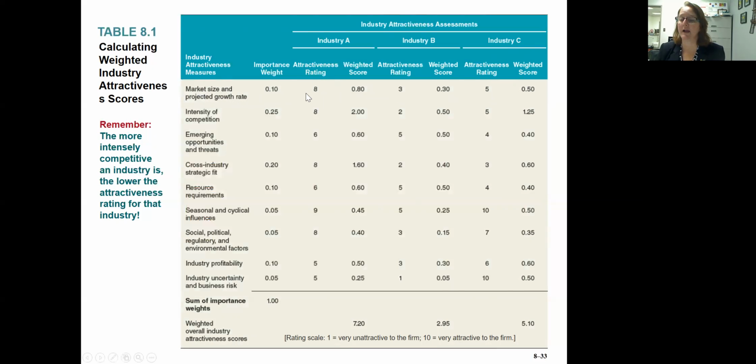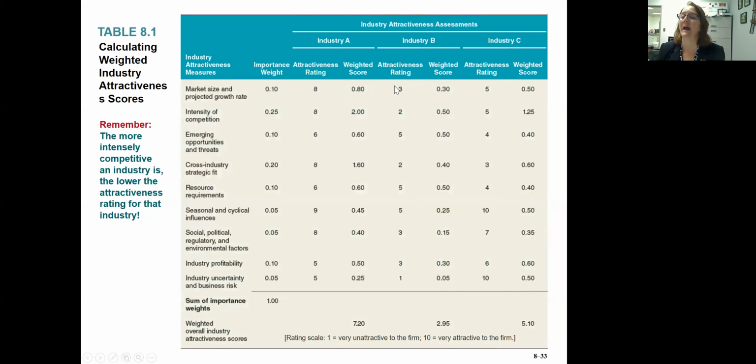They gave an attractiveness rating on a scale from very unattractive to very attractive. We got an 8. So 0.10 times 8 is 0.8. So that's the weighted score.